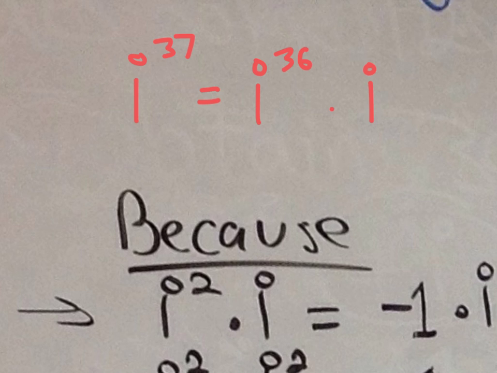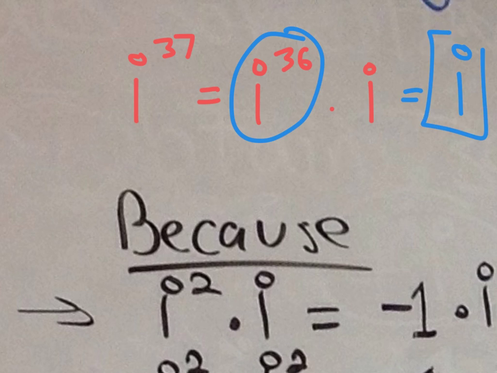Now, we just said that this guy right here is divisible by 4, which means that i to the 36 is really just 1, because the power is divisible by 4. So it's really just 1 times i, so your answer is just i.